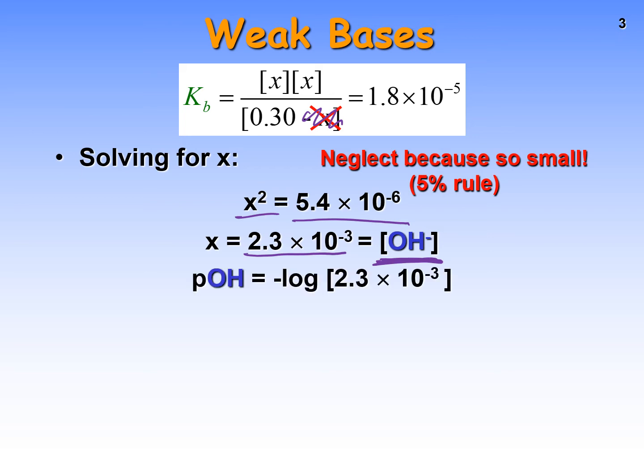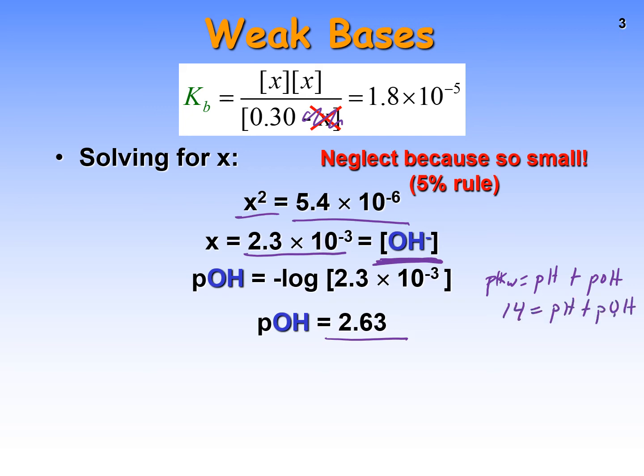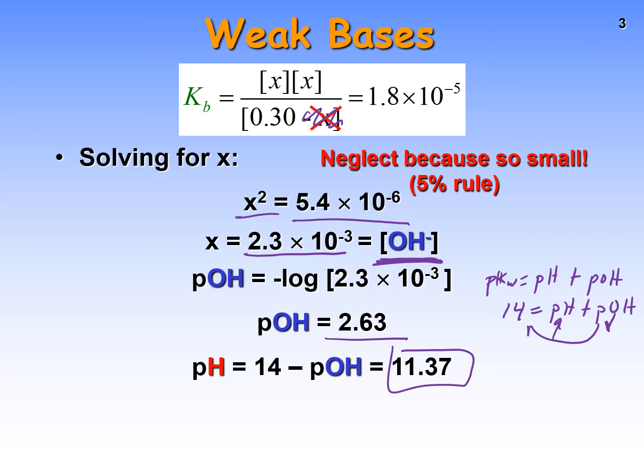So if I take the negative log of that, that'll get me the pOH. And that's not a bad number to have. We actually want that number because once I have the pOH, I know that pKw is equal to pH plus pOH, or in other words, 14 is equal to pH plus pOH. So if I have this, then I can solve for pH. I know that pH is equal to 14 minus pOH, and here I do have the pH of my solution.